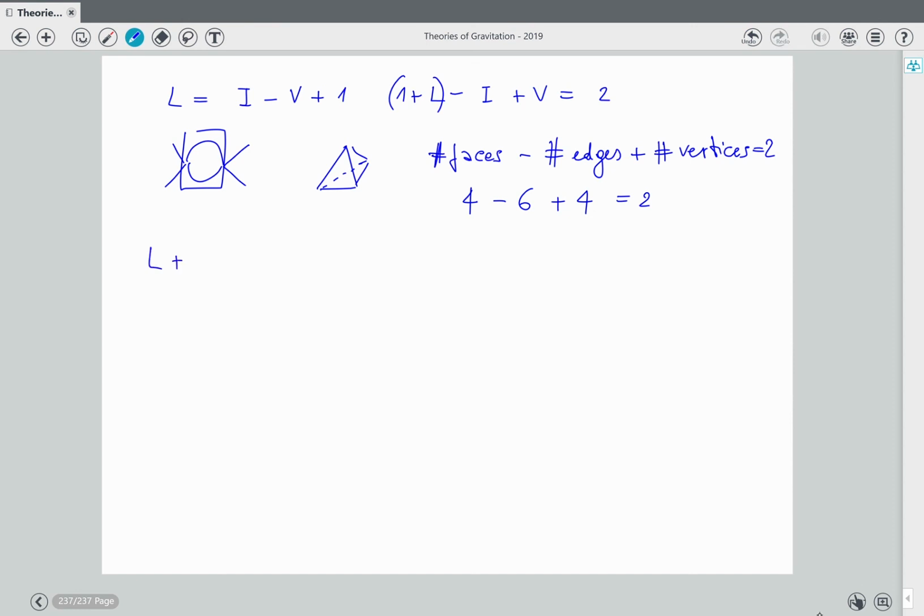So basically, there is one face here and the complementary face, the rest of the plane, two faces, minus I, the number of internal legs, that's 2, plus the number of vertices, that's 2. So L plus 1 is 2 minus 2 plus 2 is equal to 2.